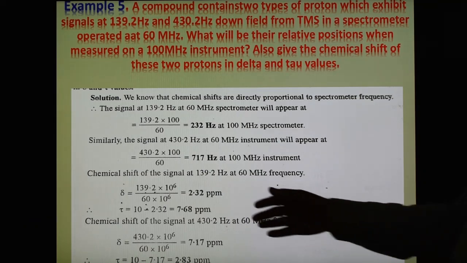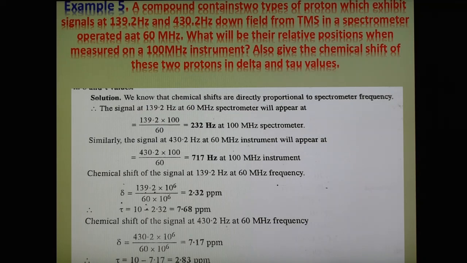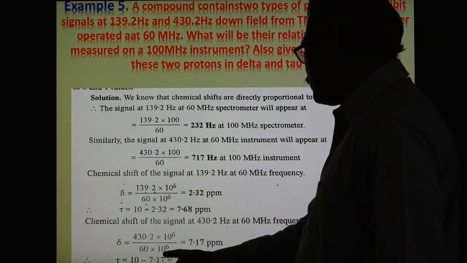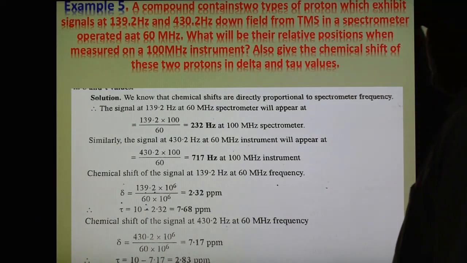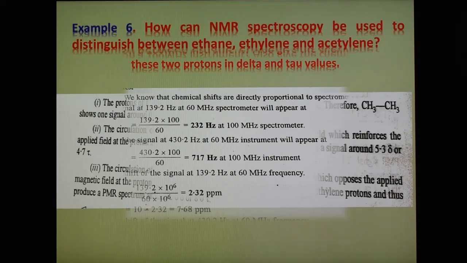This is for the chemical shift of this signal. Now the chemical shift of the signal at 430.2 Hz at 60 MHz we can calculate similarly, 430.2 into 10 to the 6 upon 60 into 10 to the 6. This is the value in ppm, and 10 minus the delta value, the tau value, is 2.83. So simply we can calculate the chemical shift in delta and tau scale.